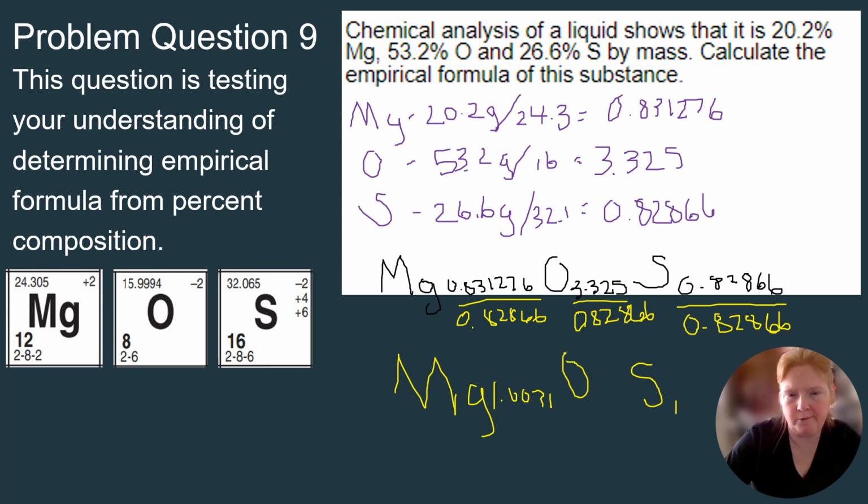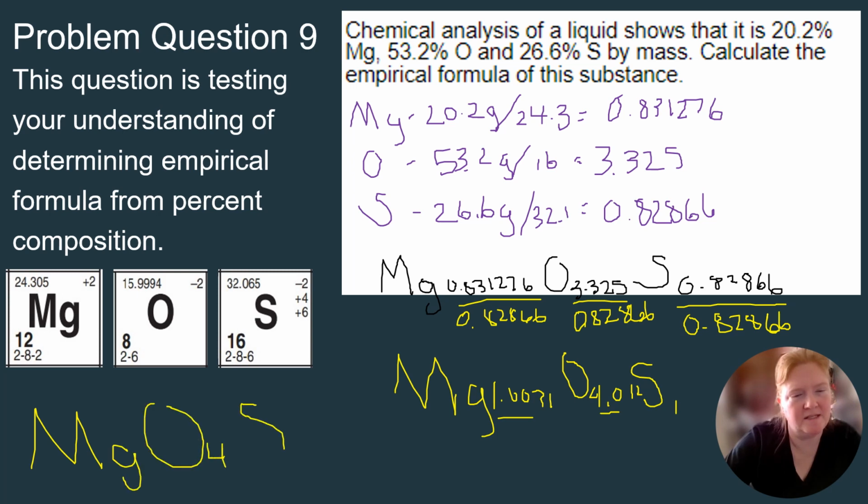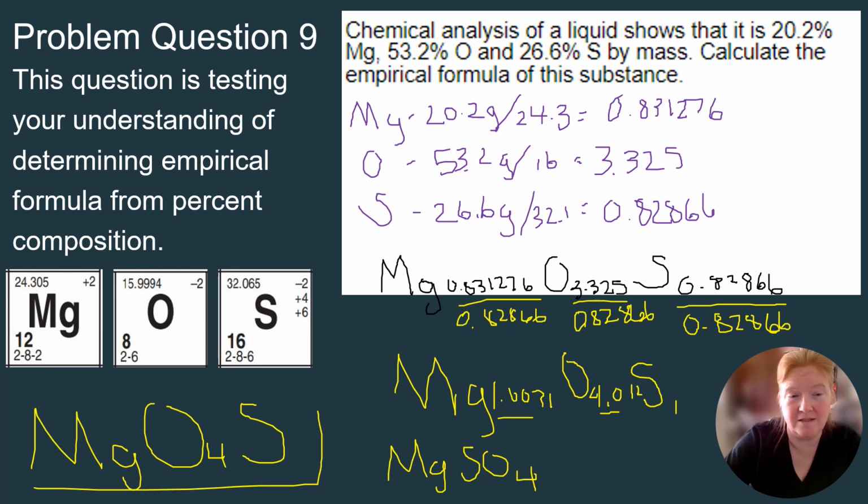And then for O, 3.325 divided by 0.82866 equals 4.012. So now these are not whole numbers, but they're pretty close, right? So it's going to be MgO4S. Now in the right order, it's literally MgSO4, but you don't have to write it like that. This is what the numbers reach out to. So there you go.